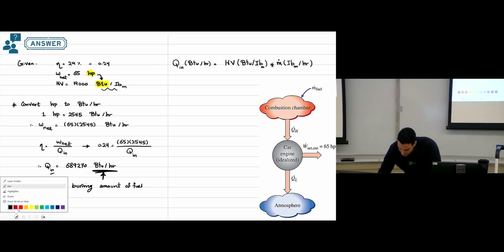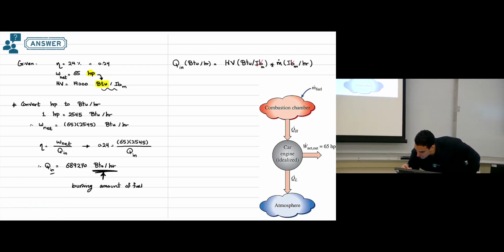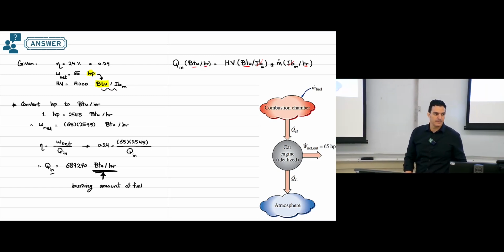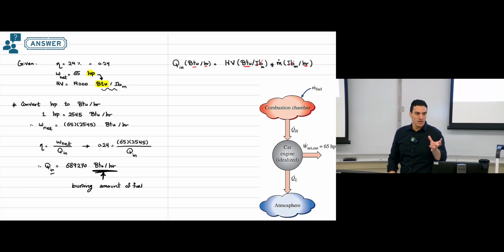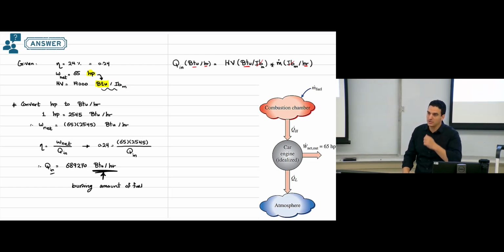So the pound mass will be cancelled with the pound mass and the remaining will be BTU per hour, which is here. Is this part clear? You know the amount of fuel, you know the heating value of this one, multiply both of them together, and this multiplication should equal Qn, the amount of heat that we need in this car engine.